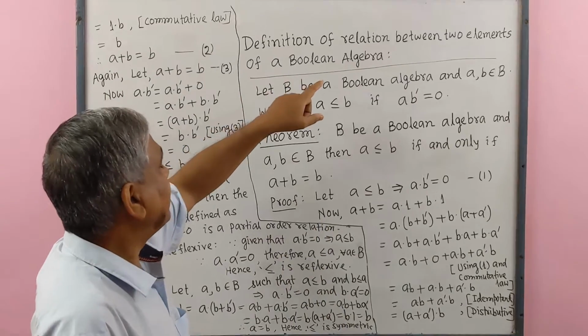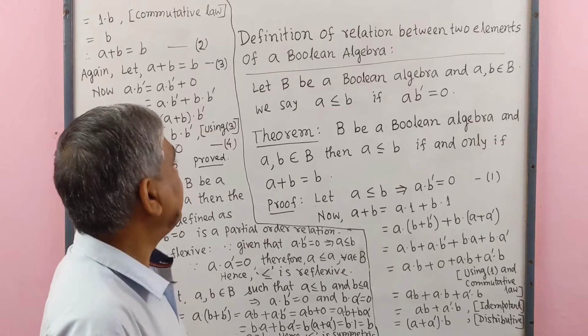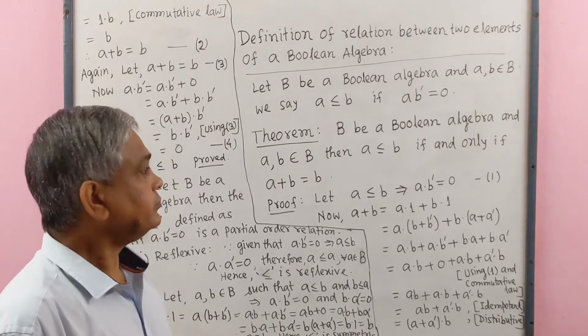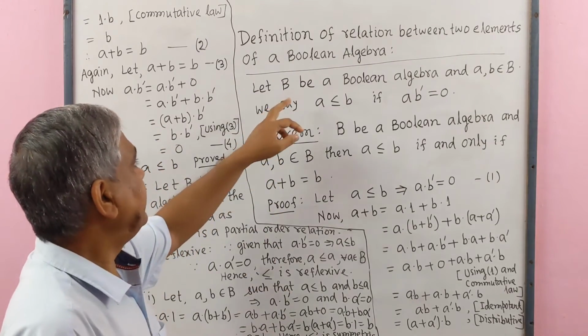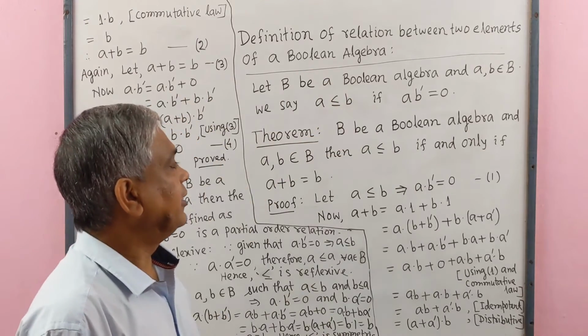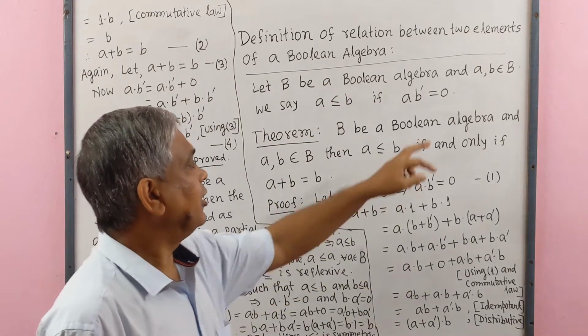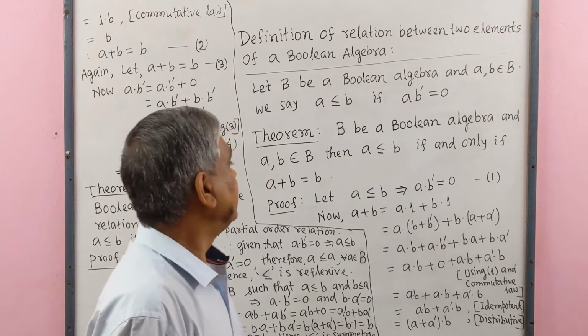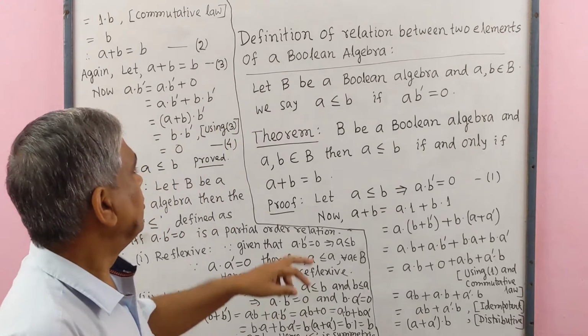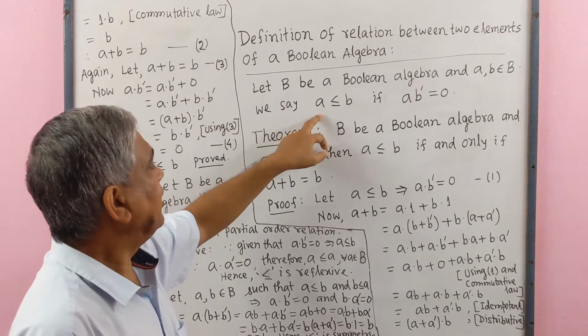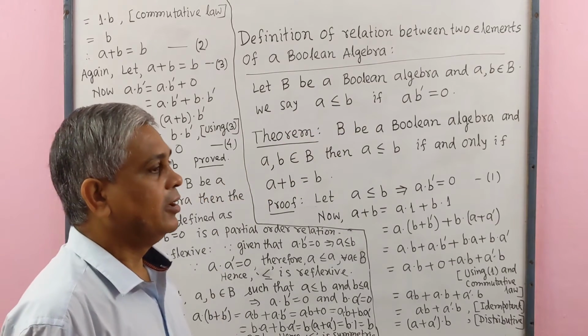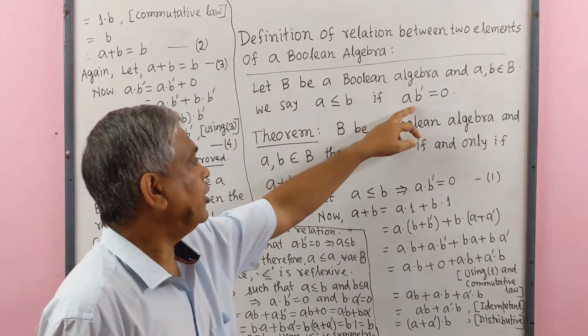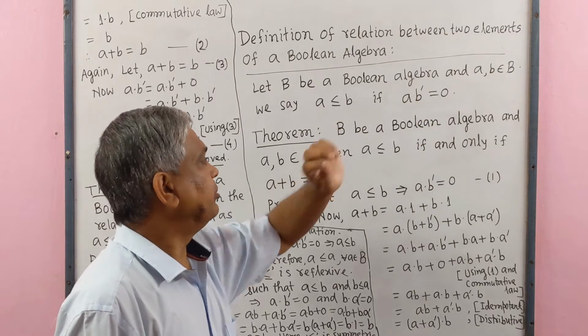Now we define the relation between two elements of a Boolean algebra. Let B be a Boolean algebra and a, b belong to B. We say that a is related to b if a dot b prime equals 0.